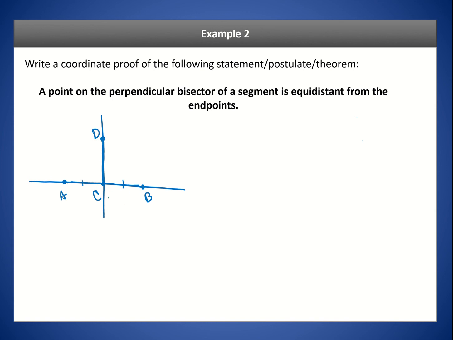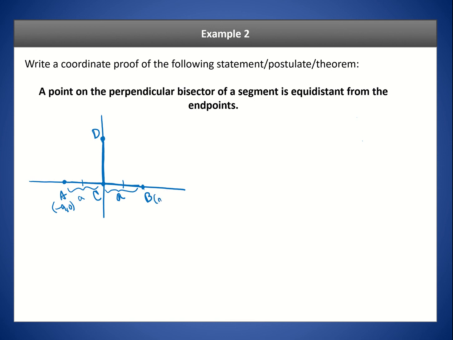So let's say the distance from C to B, let's call it lowercase a. And this is lowercase a. So that means that A is negative a and 0 because it's going to the left.